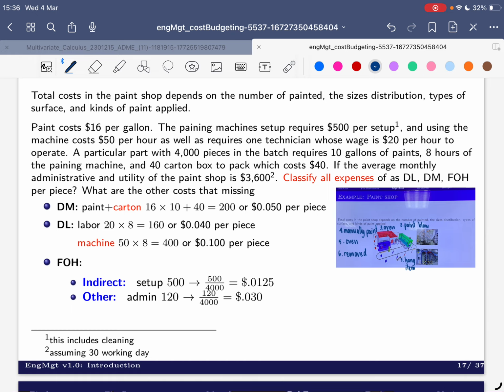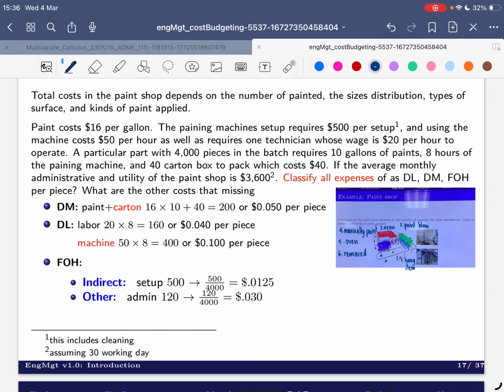The reason it's special is I do it in a slightly different way than what I typically do. What I want to highlight in this example is material accounting. You can do whatever you like. What happened is, for DM, of course, paint would definitely be your direct material, right? What about the box, the carton?